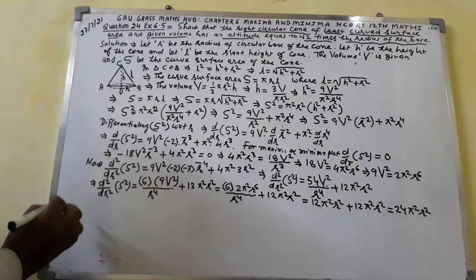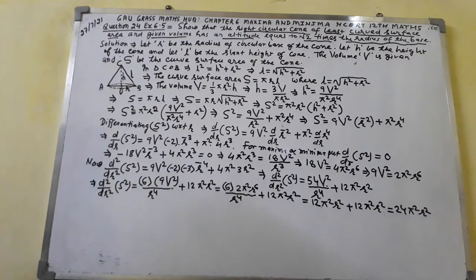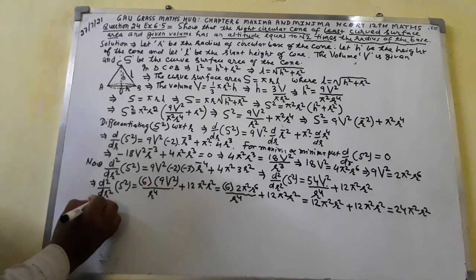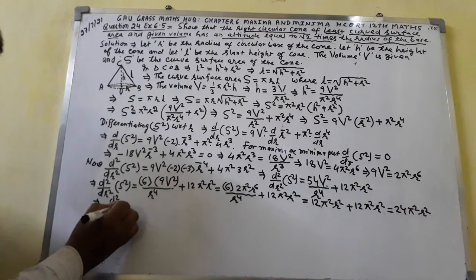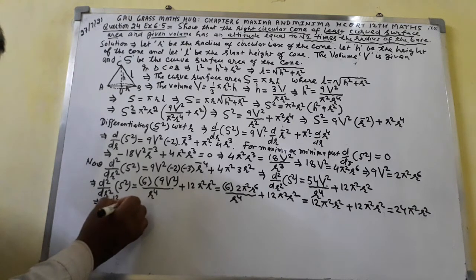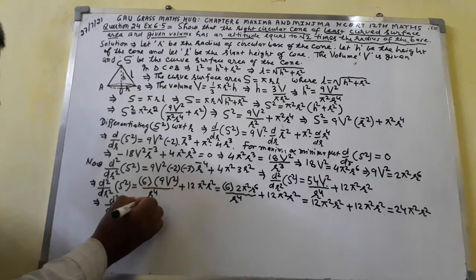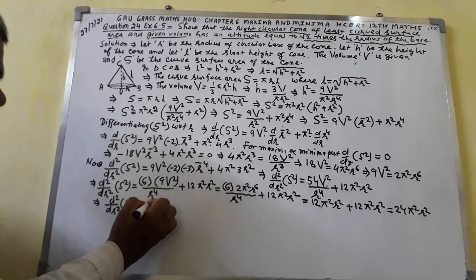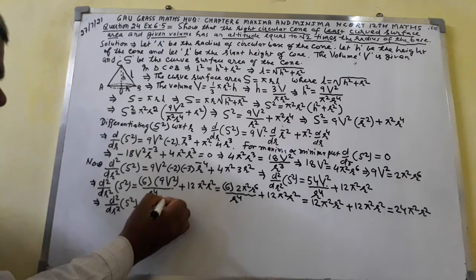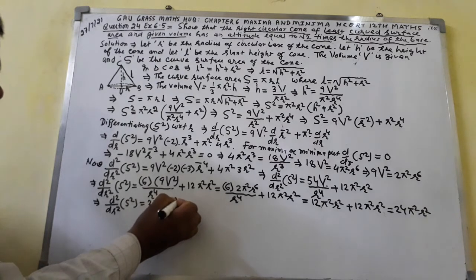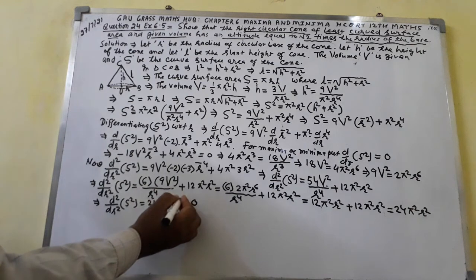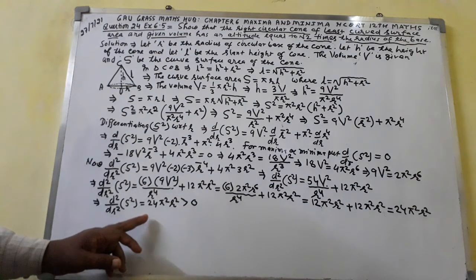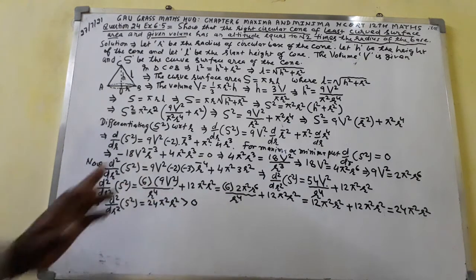So here again I shall write implied that d square s over dr square equal to 24 pi square r square greater than 0. 24 pi square r square is greater than 0.